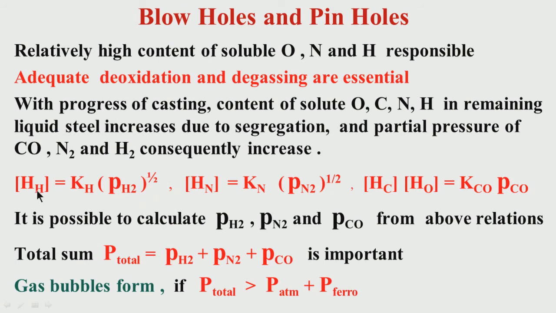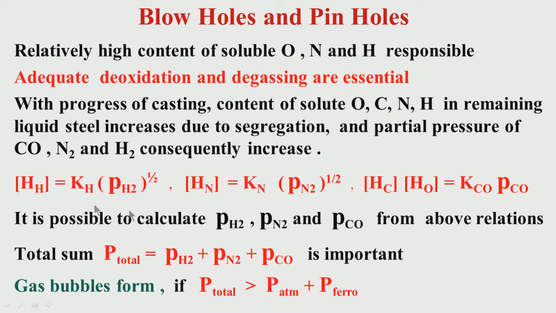So, from the reaction you can see hydrogen which is solute in liquid steel comes out of the liquid steel in the form of a gas. So, from this relation, this is the constant, and it is fixed at a particular temperature. So, at a particular temperature, suppose we know the amount of hydrogen, this is the Henrian activity.